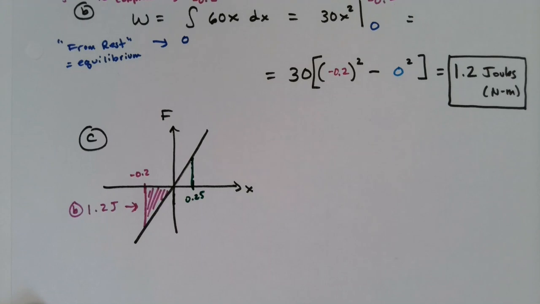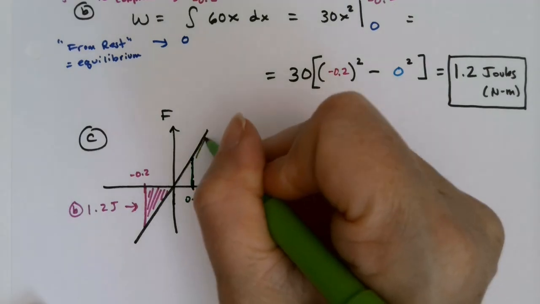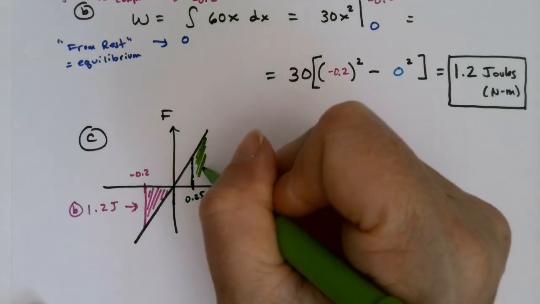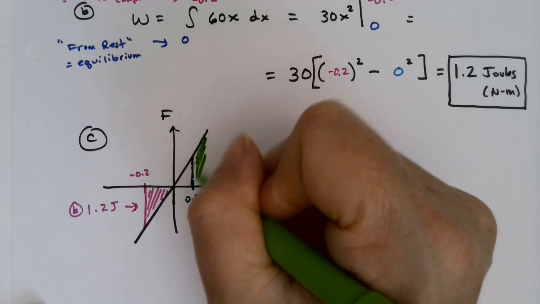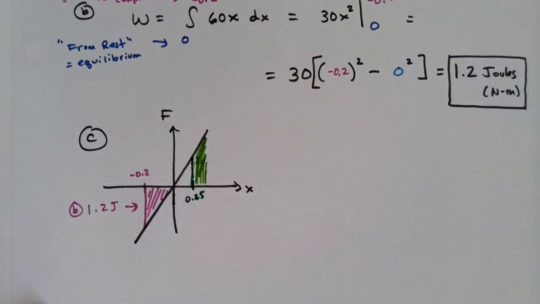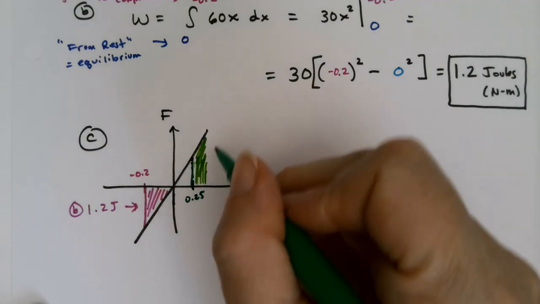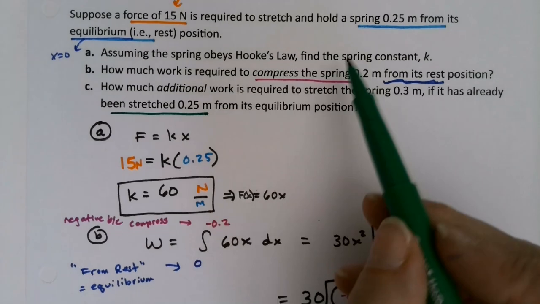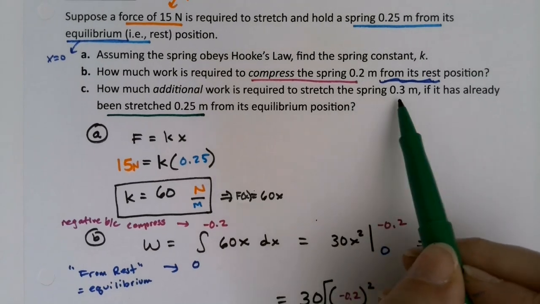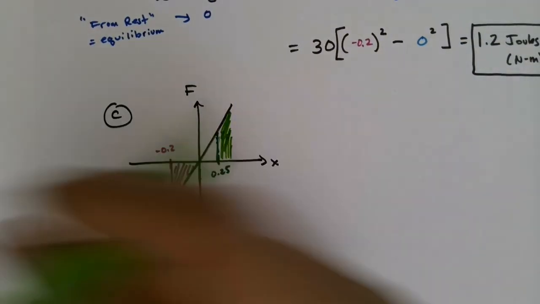And you want to know how much additional work is required to stretch it 0.3 meters. Now careful, that's 0.3 meters past where it already was, not 2.3 meters. It doesn't say to stretch the spring 2.3 meters. It says to stretch the spring 0.3 meters if it has already been stretched 0.25. So we actually want to keep going.